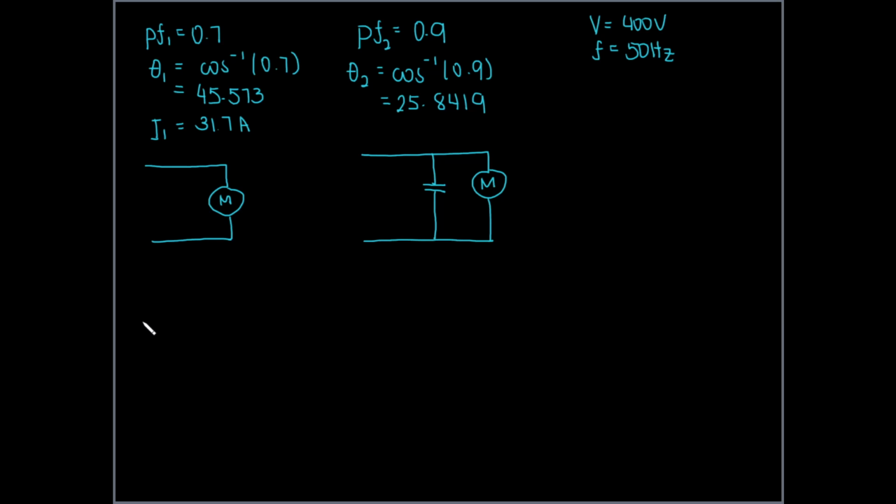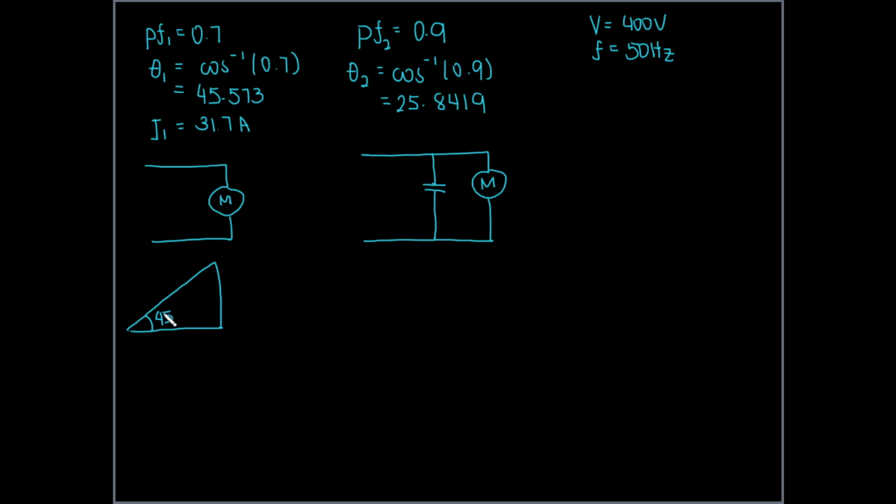Now, of course, our problem is going to be, first, we need the triangle, because this one originally has an angle of 45.573. If we draw it this way, then this base happens to be the real power. Question is, can we solve for that real power?